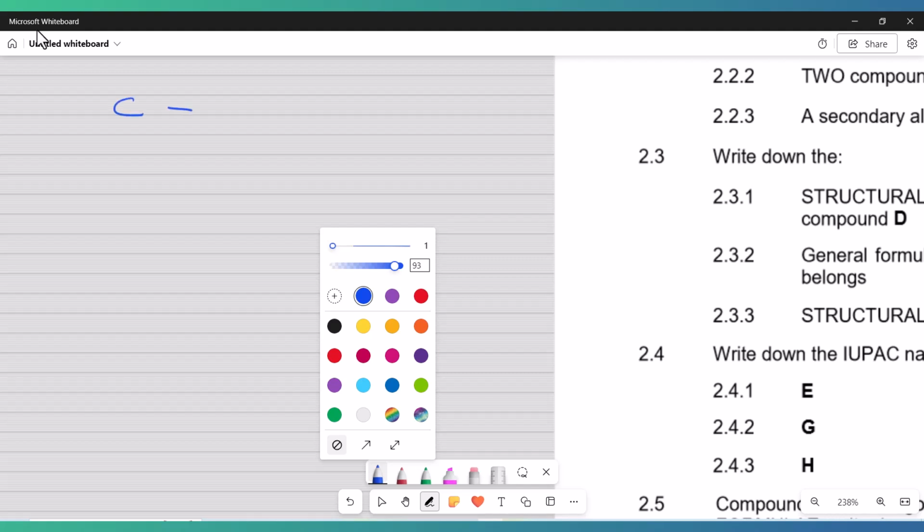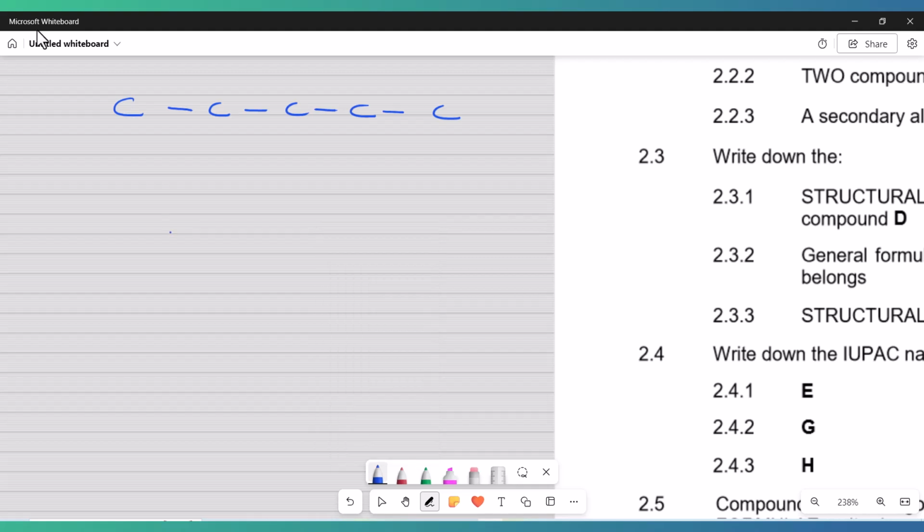That's 1, 2, 3, 4, and then 5. So I want a ketone, which means I can put my O here on this carbon atom, okay? All right, now each carbon must be having 4 bonds, right? Even if you're too much excited, don't put more than that. You lose your marks, okay?